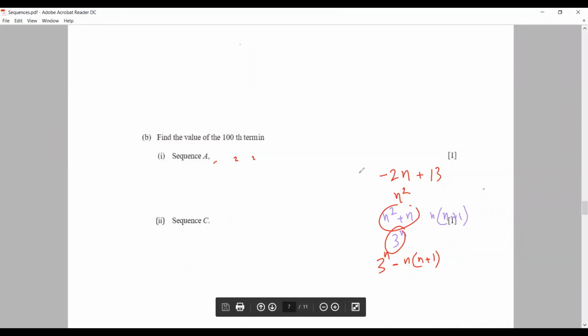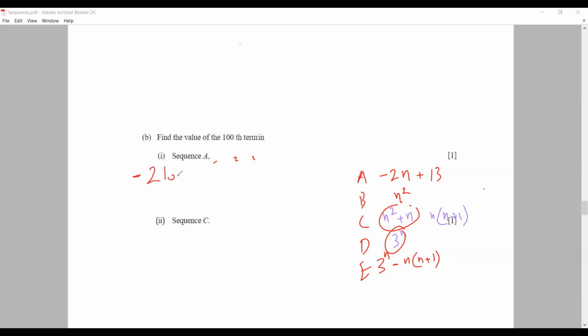This is A, this is B, C, D, and E. For A, the 100th term would be negative 2 times 100 plus 13, and that gives us negative 187, I believe. For sequence C, if n is 100, that's 100 squared plus 100, which is 10,000 and 100, right?